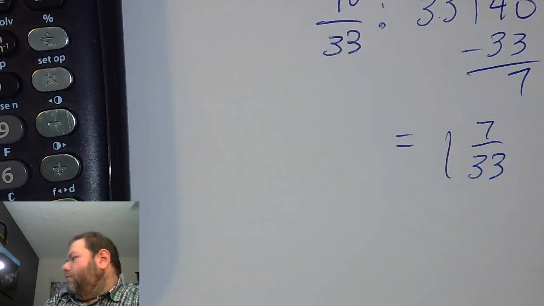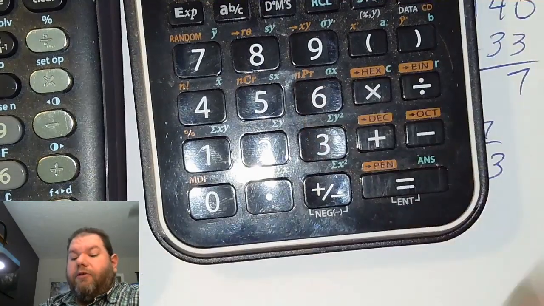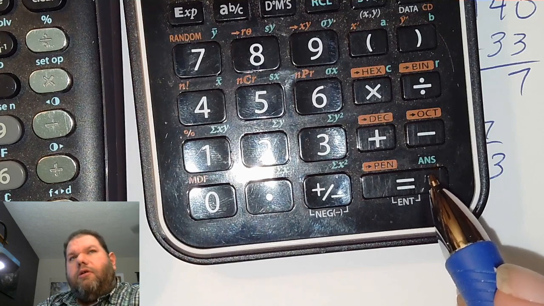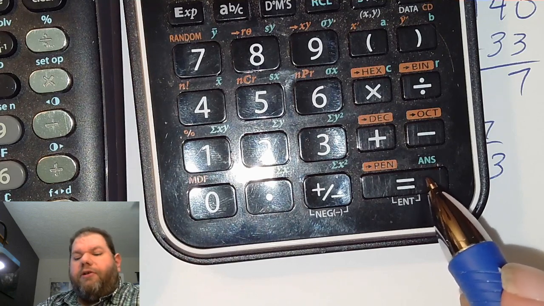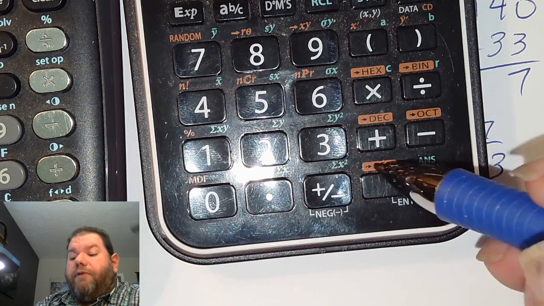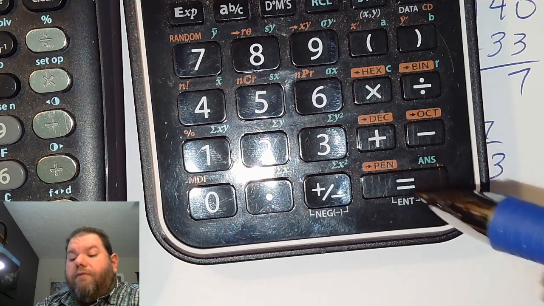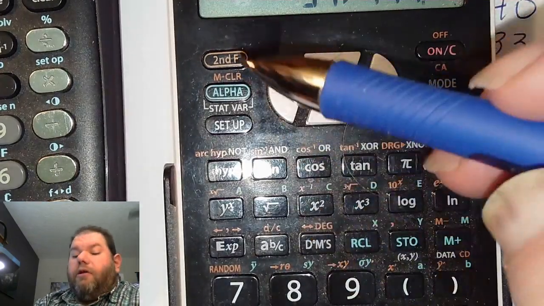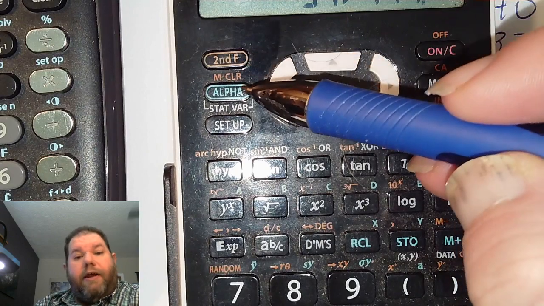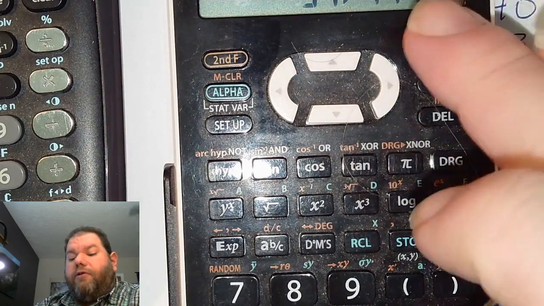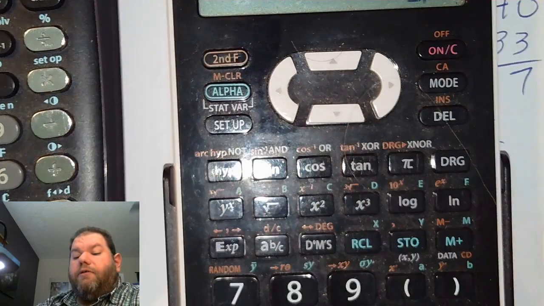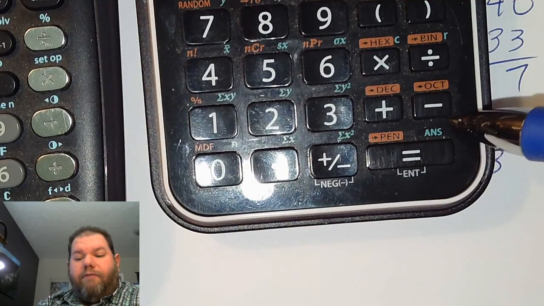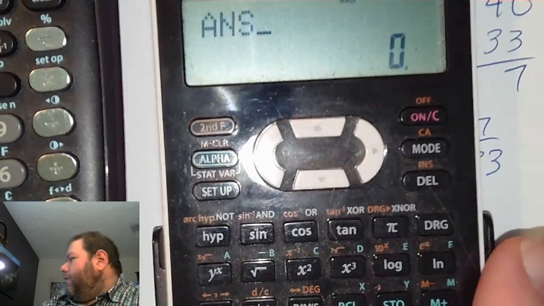Same thing on this calculator, except it's ANS, which is a little bit more commonly seen. It just varies from one calculator to another. This one, notice there are different colors of buttons above the equal sign. So I have to press second for one color and then alpha for the other color. So in this calculator, I would press alpha and then the equal sign to access the ANS value, which for whatever reason is 0 on this one.